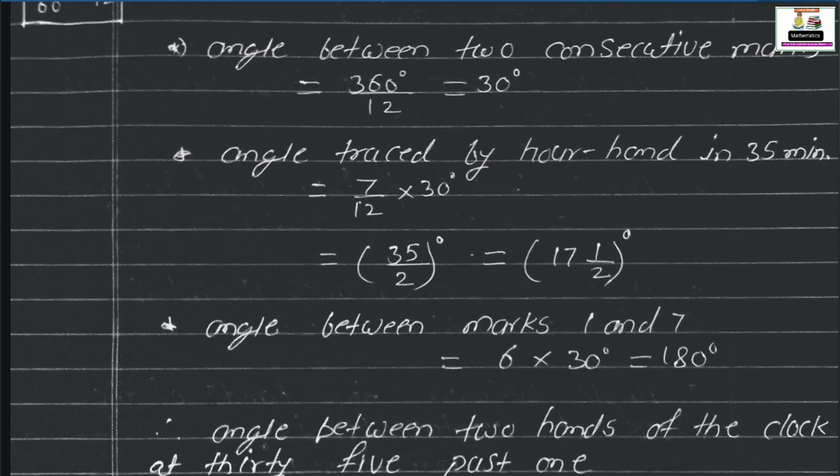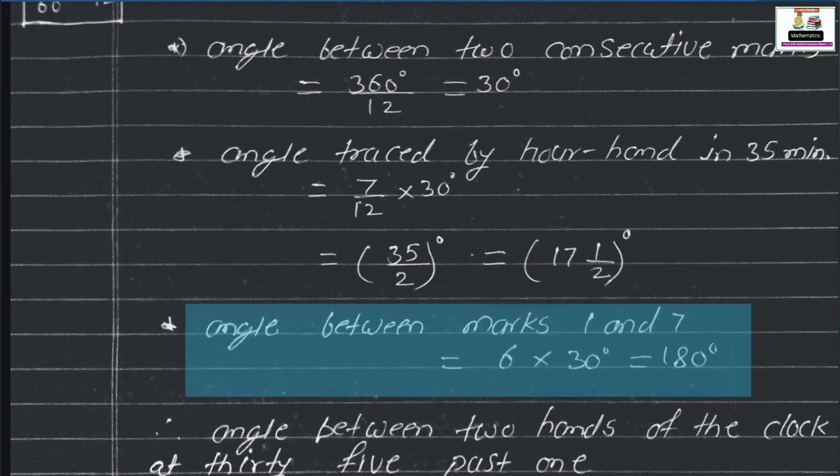7/12 into 30, then we get 35/2. Again dividing by 2, we get 17.5 degrees. We write it in this form, 17.5 degrees. Next, find the angle between marks 1 and 7.